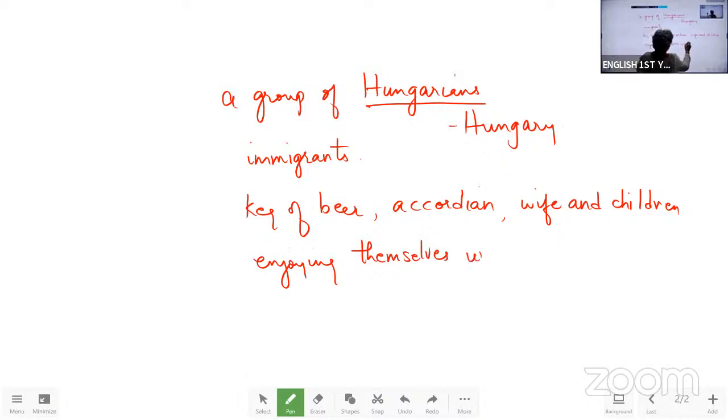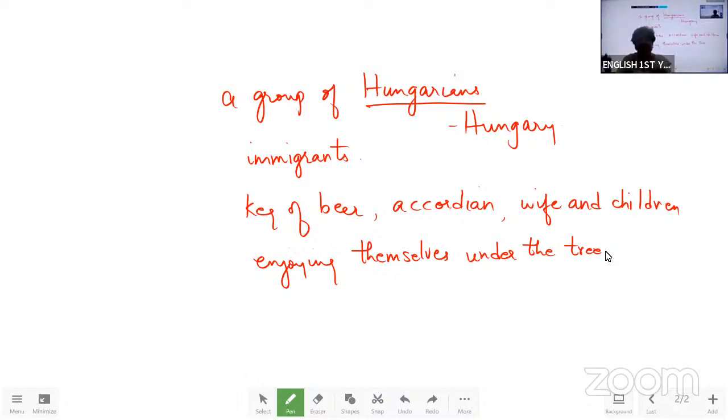Now, why do you think he mentioned the Hungarians? In what context? If you understand the life of an immigrant, you'll understand they have left their country, their hometown, in despair. They had been literally chased out of their country. So how do you feel when you leave your secure place and go somewhere else? You won't be happy.